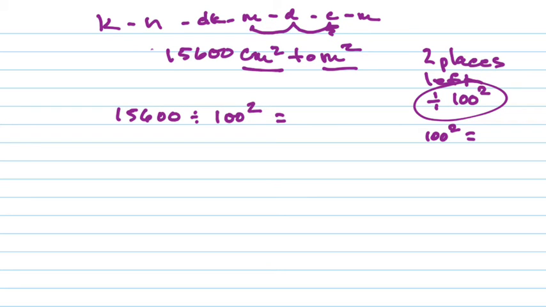Anytime you square something that's just a bunch of zeros, it's just going to double the number of zeros. So if you square 100, instead of 2 zeros, you get 4 zeros. And the number of zeros, when you're dividing by that, just means how many places you're going to move the decimal. Isn't that what we did before? So we're moving the decimal 1, 2, 3, 4 places, which gives us 1.56 meters squared.